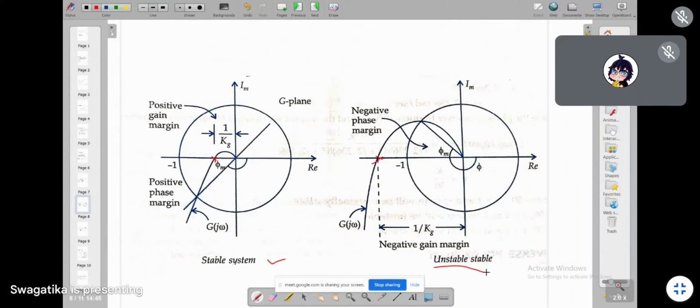Got my point? How to determine the stability? If your crossover frequency lies inside the unit circle, the system is said to be stable. If it lies outside the circle, it is called an unstable system.